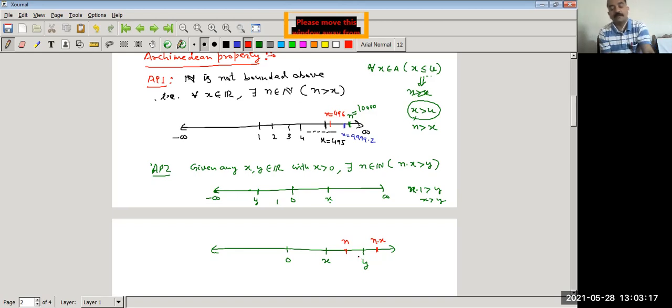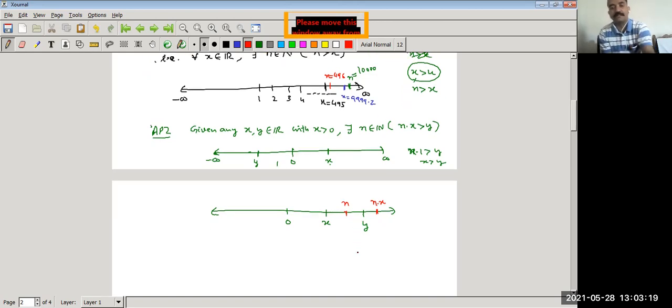If we are able to find this, then we can say that it satisfies the Archimedean property. It means you choose any real number y and any real number x which is greater than 0, then corresponding to that x you can find a natural number n such that n times x is always greater than y.